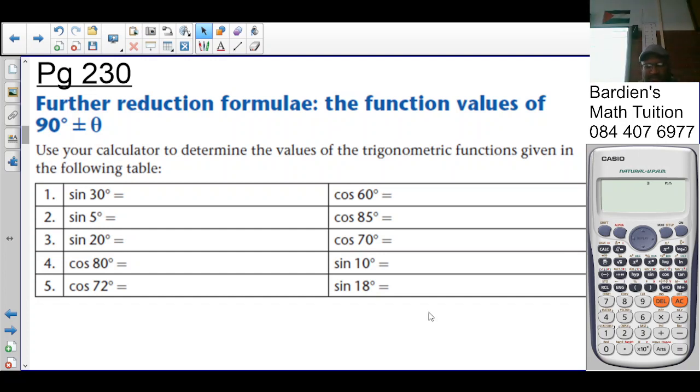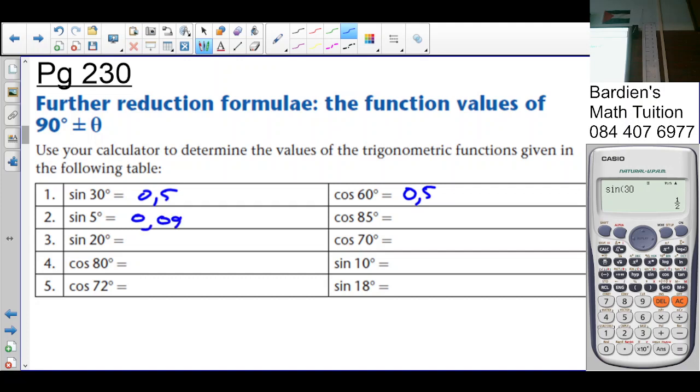Okay, so when we punch this in the calculator, we said sine of 30, you got half. Okay? Then when you went sine of 60, you got half. Sine of 5? 0.09.